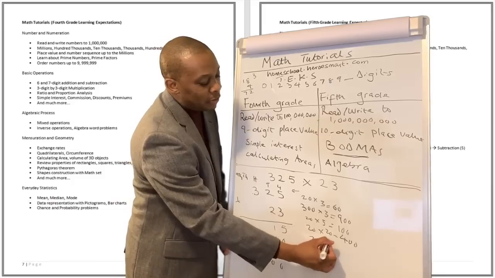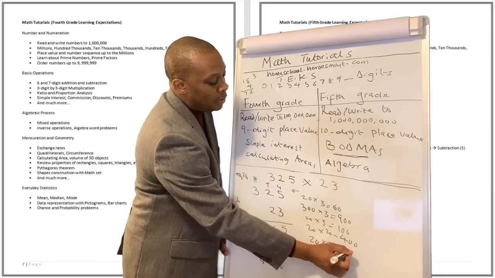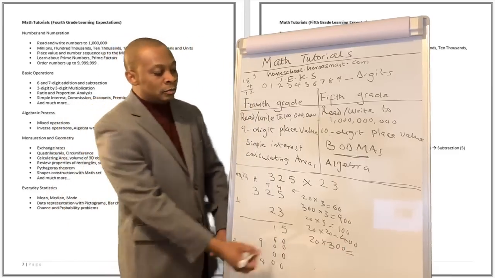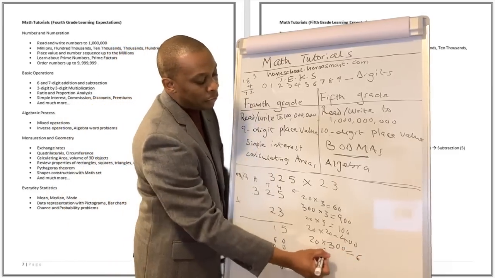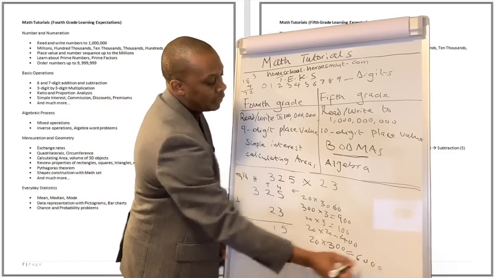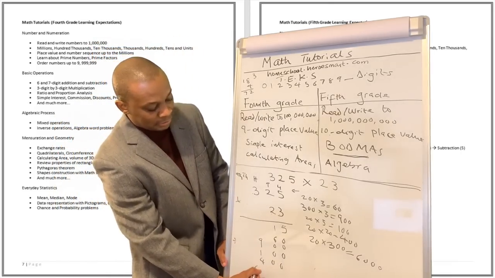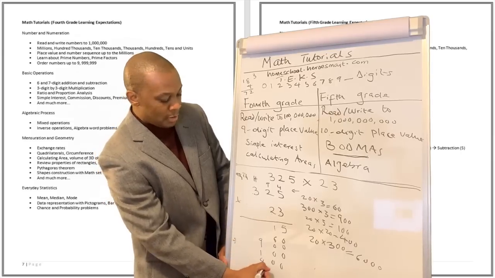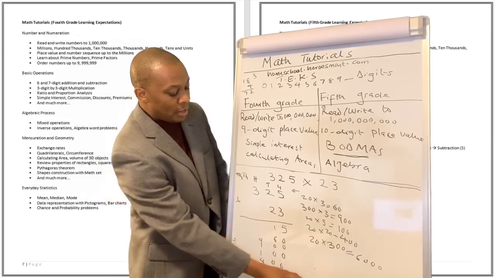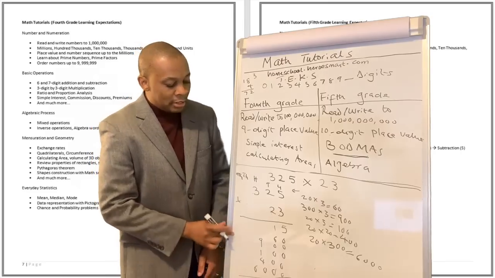So you can use that to explain to your child. So this is going to be 20 multiplied by 300, which 2 times 3 is 6, and then you put 3 zeros in front of it. That's going to be equivalent to 6,000. So that's the reason I'm going to put my 6 under the thousands column, and then 0 and 0. And guess what? I'm just going to add it all together.